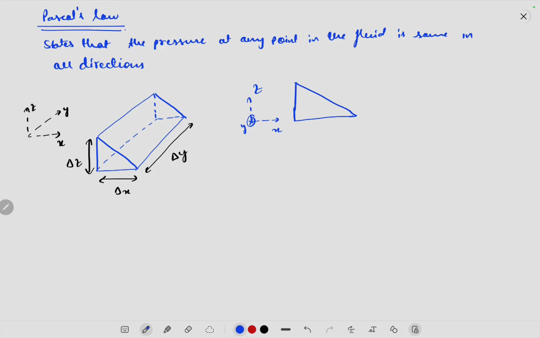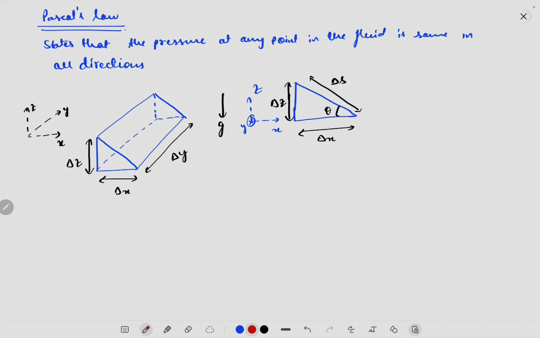Okay, this length is delta x, this length is delta z, and let this be delta s. Let the wedge angle be theta and gravity acting downwards, that is in the minus z direction.